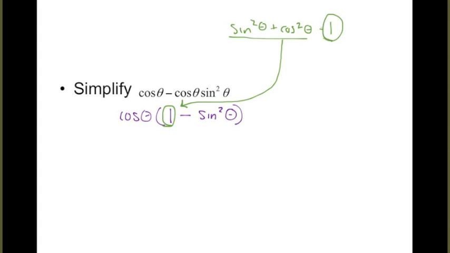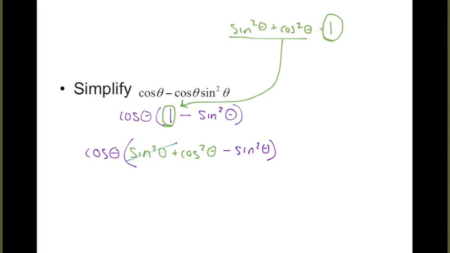So we're going to take that 1 and replace it with sine squared theta plus cosine squared theta. Why would that be helpful now?